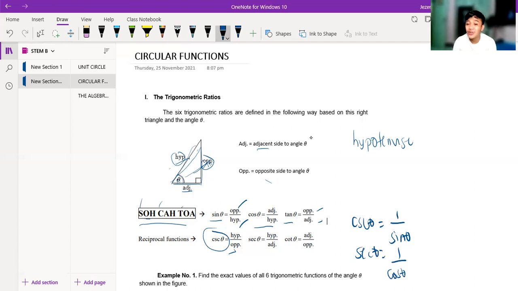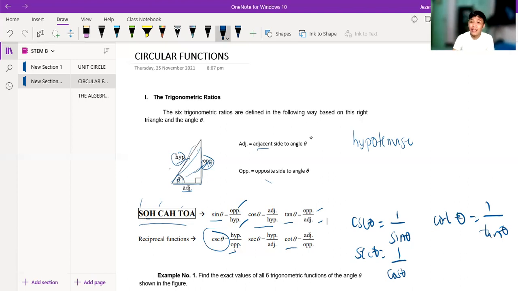And cotangent equals adjacent over opposite. Therefore, cotangent theta equals 1 over tangent theta. Very easy.